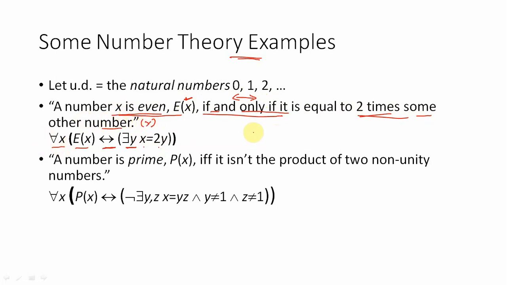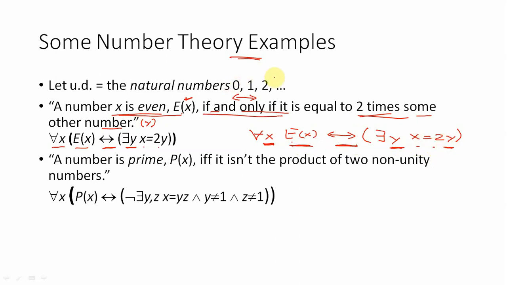So it says for all values of x, E of x is true. What is E of x? X is even. E of x is true if and only if there exists a value y such that x is equal to 2y. For every value x, E of x will be true if and only if there exists another number y such that x is equal to 2y.